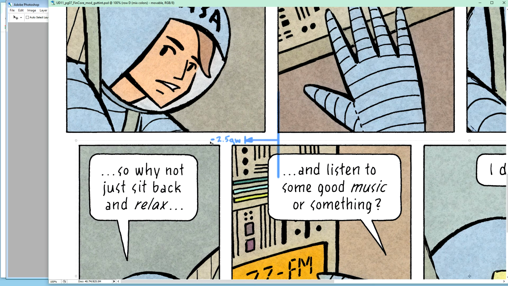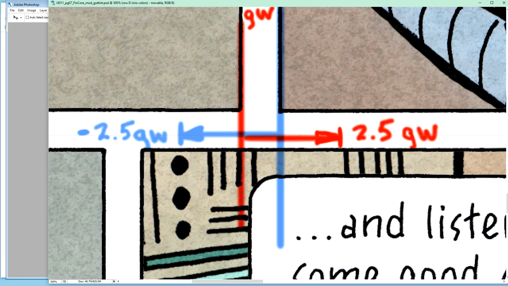So this is the system then. We can look at both. To summarize, we have the two possibilities. Going to the right, we start at the red line, moving to the right, 2.5 gutter widths or more.